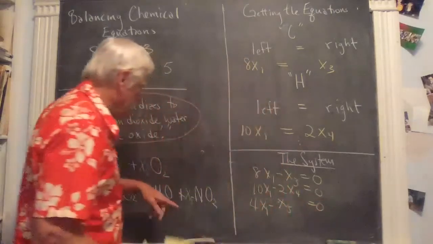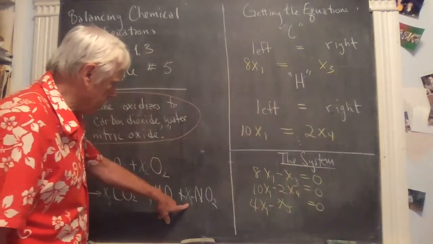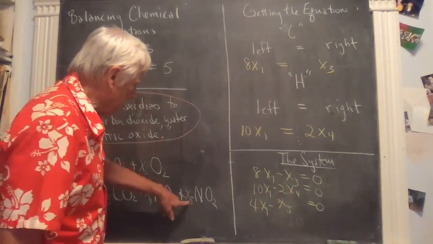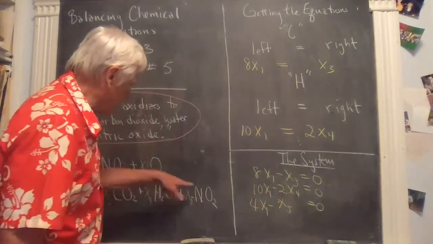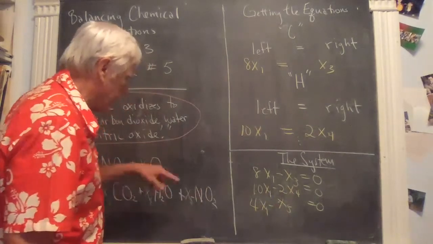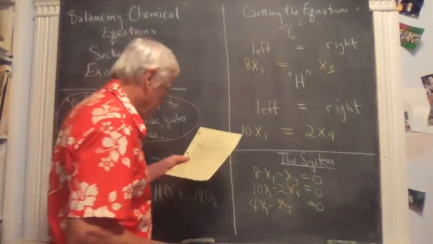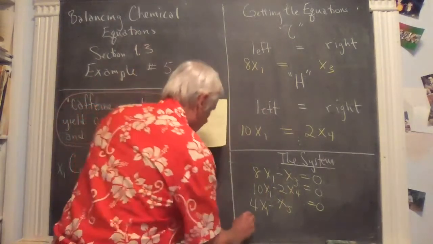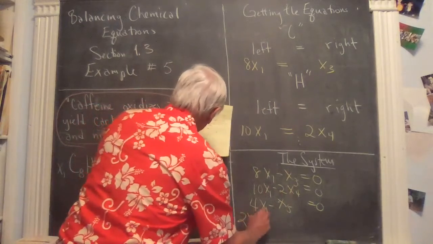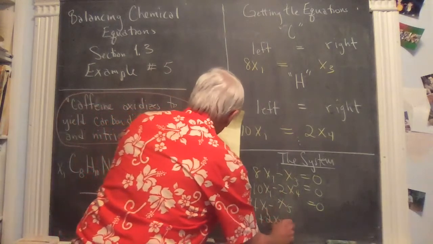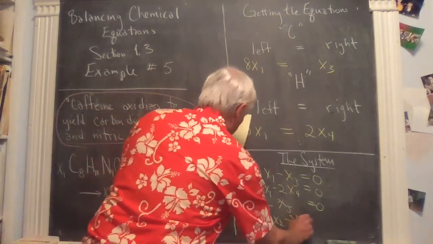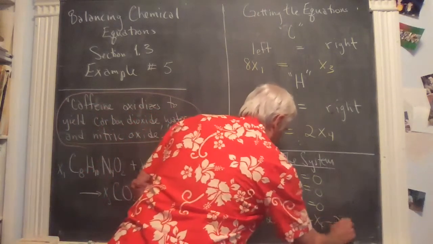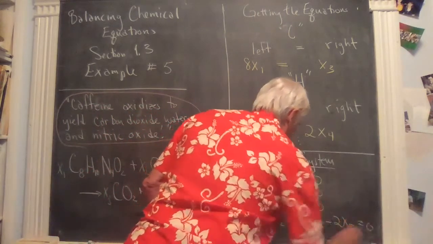Oh yes, we've got more variables than atoms, because the variables go with the compounds that you get, not with the individual atoms. And then the last one is more complicated: 2x1 plus 2x2 minus 2x3 minus x4 minus 2x5 equal to 0.